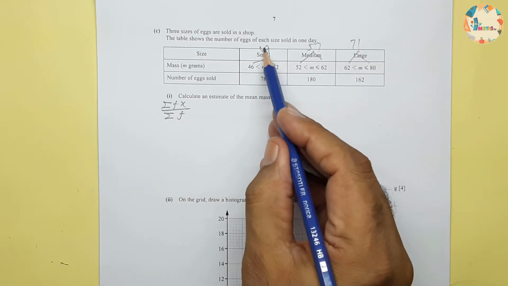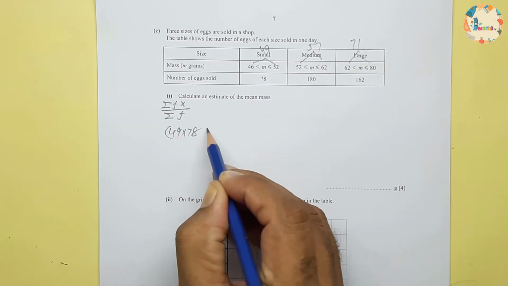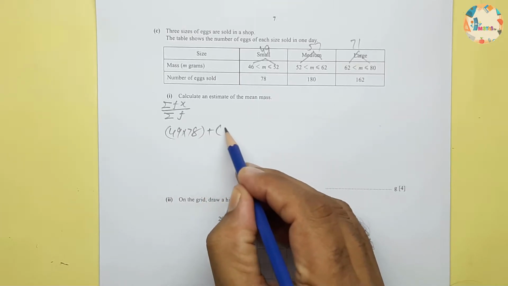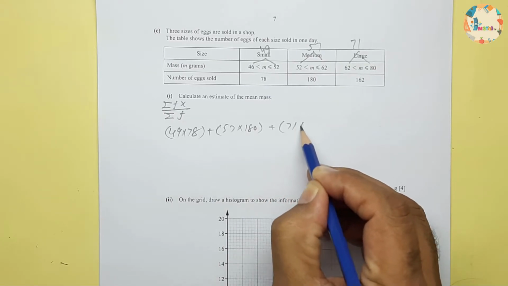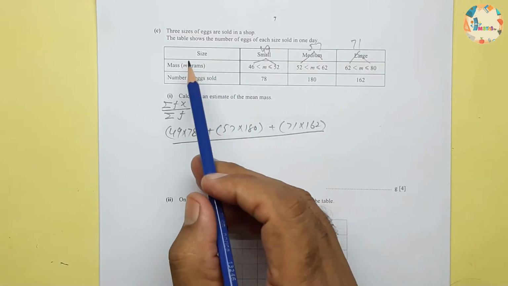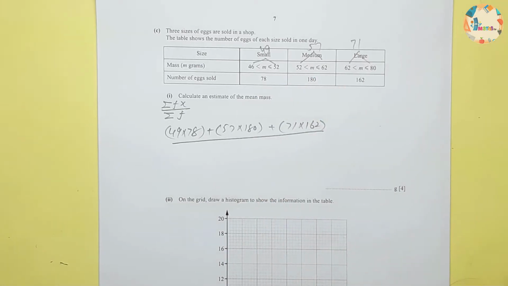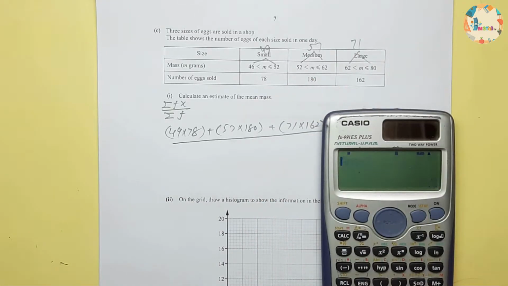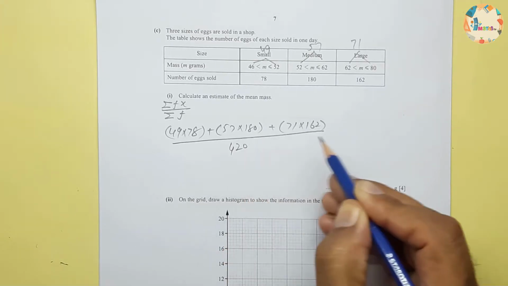So this will be 49 multiplied by 78 plus 57 multiplied by 180 plus 71 multiplied by 162, and divided by the whole number. The total number we have to add, which is 78 plus 180 plus 162, will be equal to 420. So we divide by 420.